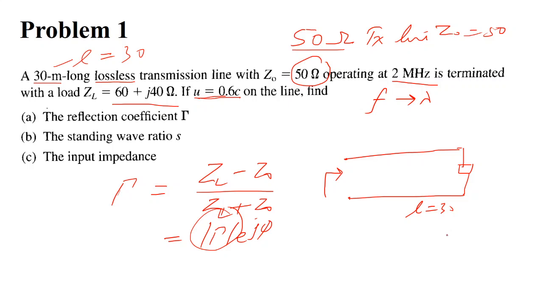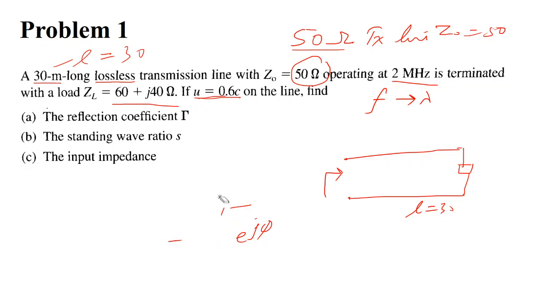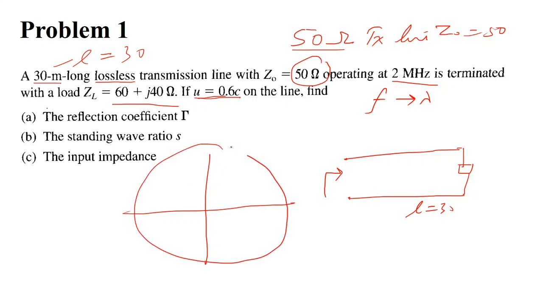Now, using the Smith chart, what will you do? You first have the Z naught. You can download the Smith chart from the internet, or I will also upload it in the course material.